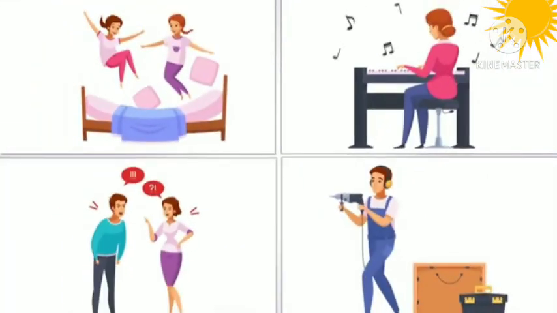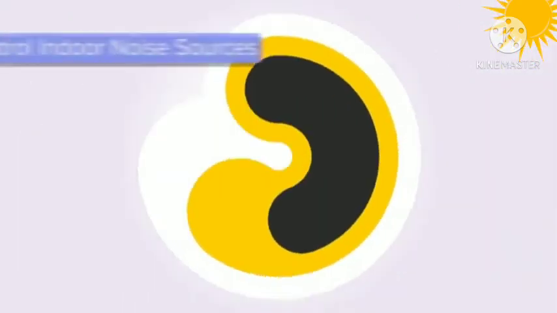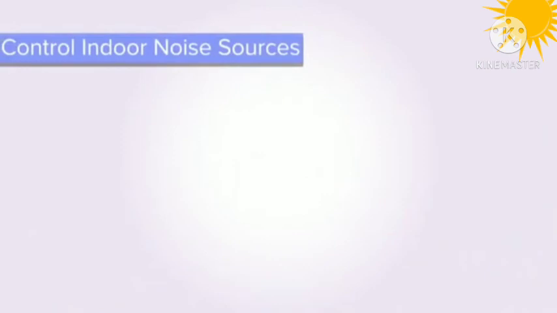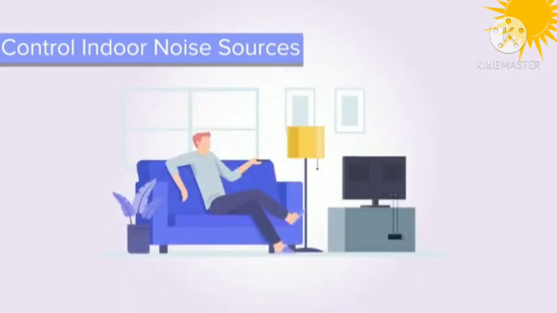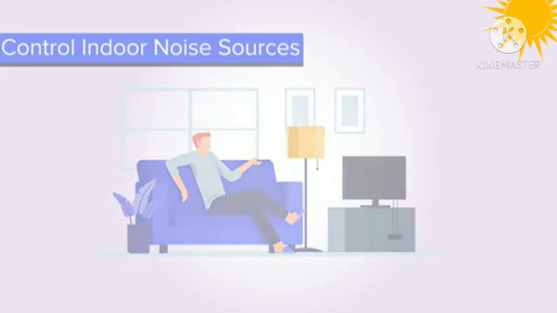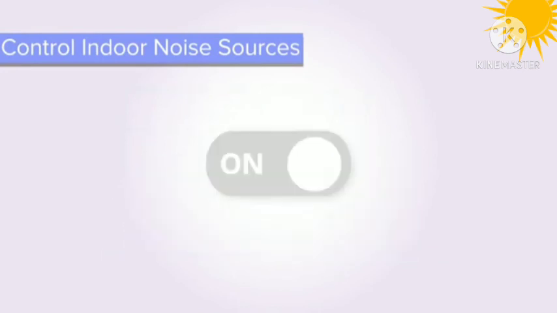These sounds are man-made, so they can be easily prevented and controlled. Control indoor noise sources. Use appliances which make less sound and reduce the volume of television and other musical systems.